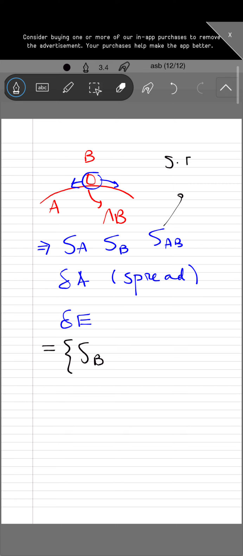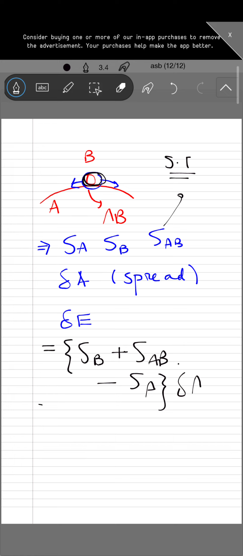So it will be the surface tension of B plus the surface tension of AB minus the surface tension of A, multiplied by the change in area that has taken place in B as it has grown in size.